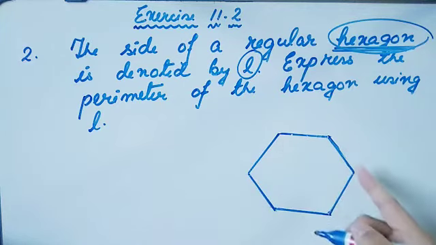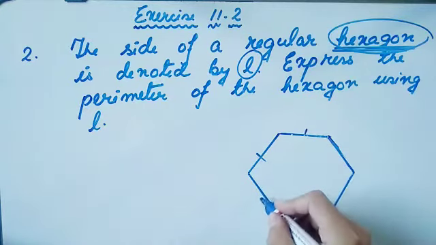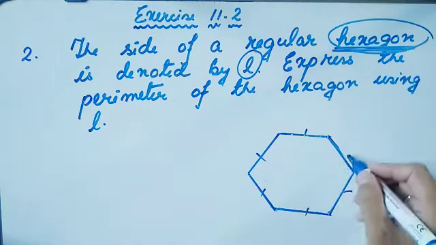Right, so here in the figure we have a regular hexagon. It has 6 sides. Let's count 1, 2, 3, 4, 5 and 6.